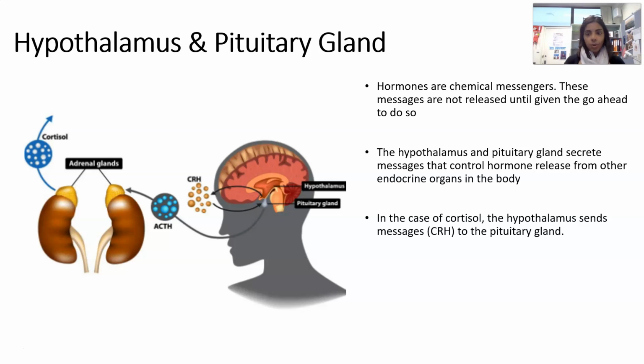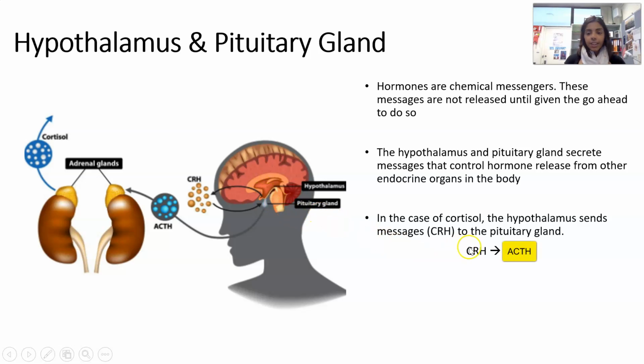In the case of cortisol, the hypothalamus up here will send a message to the pituitary gland, and that message is carried out through this chemical called CRH, and it's basically a releasing hormone. So it's telling the pituitary gland, yes, you can go ahead and send a signal to the adrenal glands. That's what starts everything off.